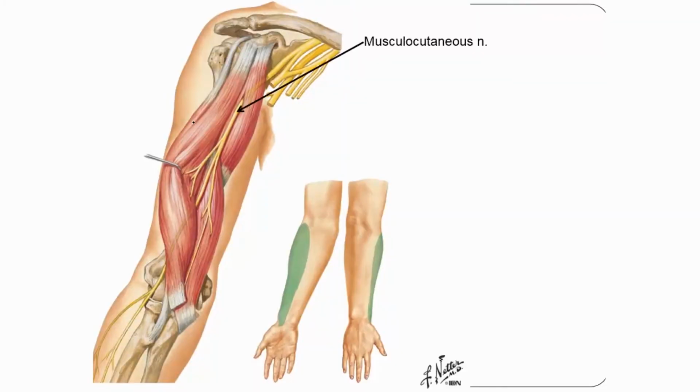The musculocutaneous nerve, again from 5, 6, and 7, courses through this particular muscle, the coracobrachialis. Coracoid process to the midshaft on the medial side of the brachium or the humerus, coracobrachialis. So it goes through the muscle most of the time.